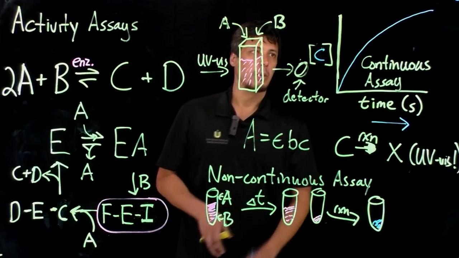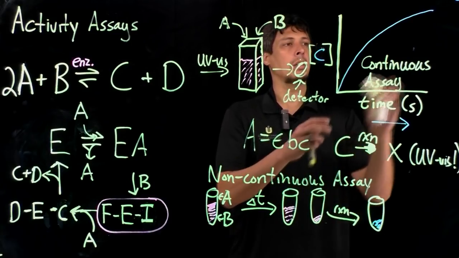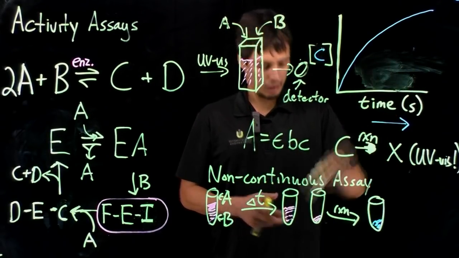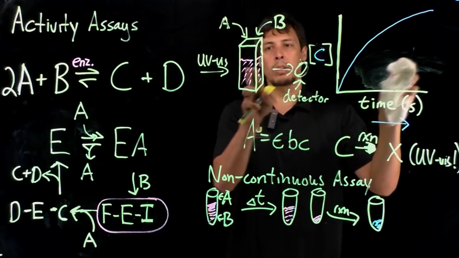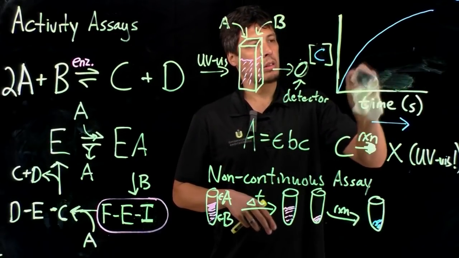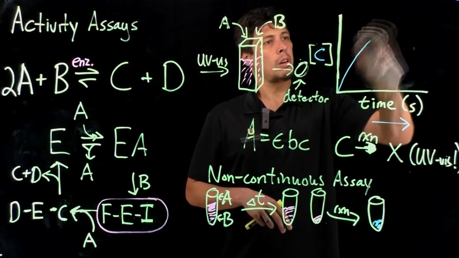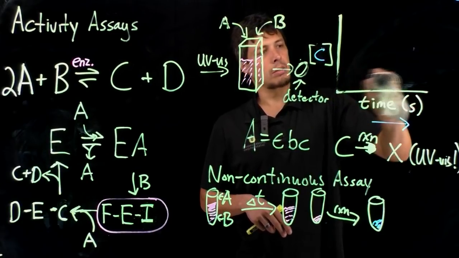Okay? The problem with this is, unlike a continuous assay, which has many, many data points that is only limited by how quickly, for instance, our spectrometer can collect, we're going to have far fewer data points on this.